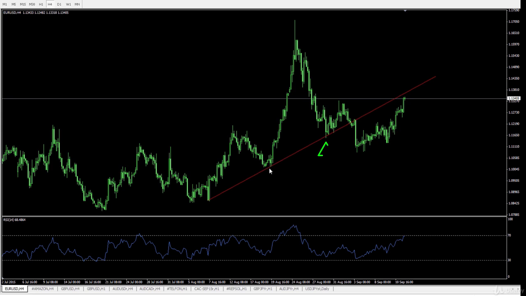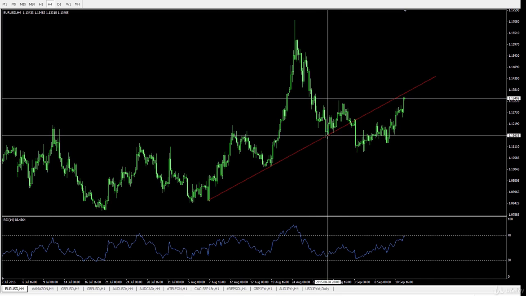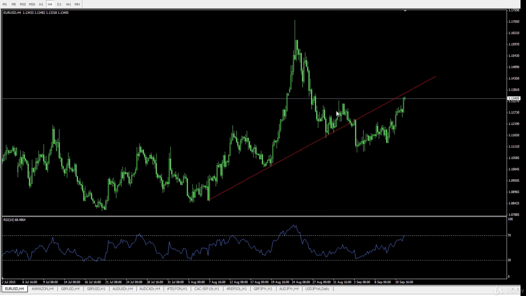When the price comes close to our trend line, we had a buy signal. As we see, the price has jumped from the trend line and made growth of about 160 pips.